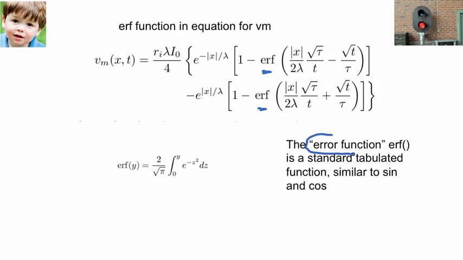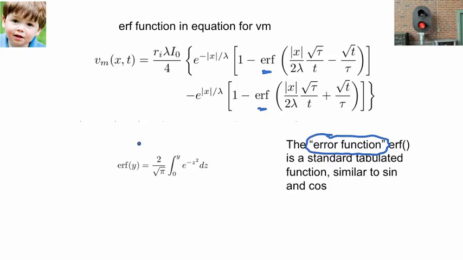That's an abbreviation for error function. It's a tabulated function in the same way as sine and cosine. If you have the right mathematical package on your computer, you can just pull the number values of ERF right out of that mathematical package.